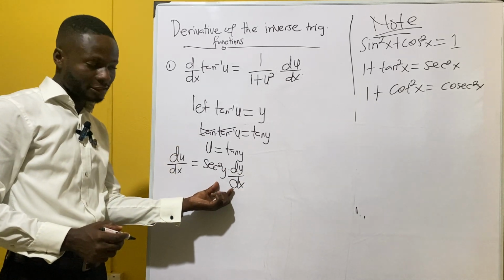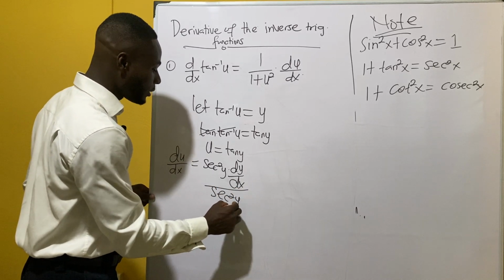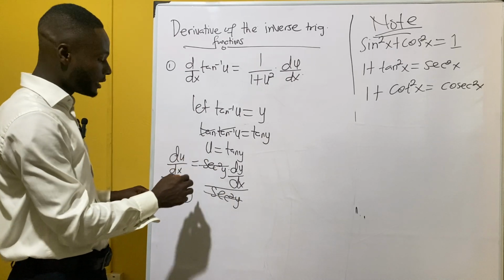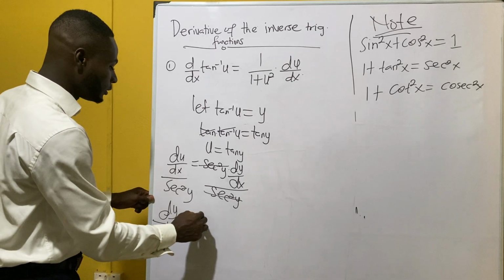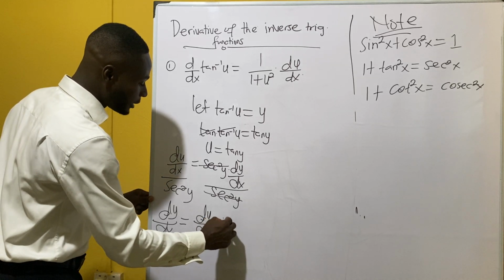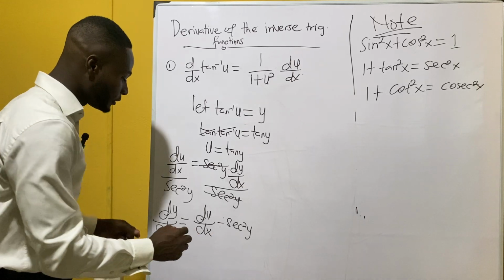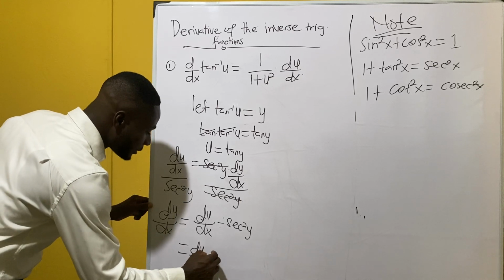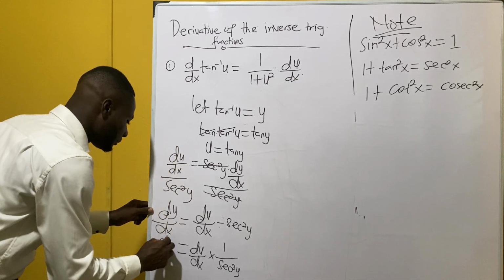We are interested in the dy dx, so we divide here by sec squared y. This takes off this, and then we can have dy over dx equals du over dx divided by sec squared y. Now we can do proper presentation here. So we have du over dx times 1 over sec squared y, right?